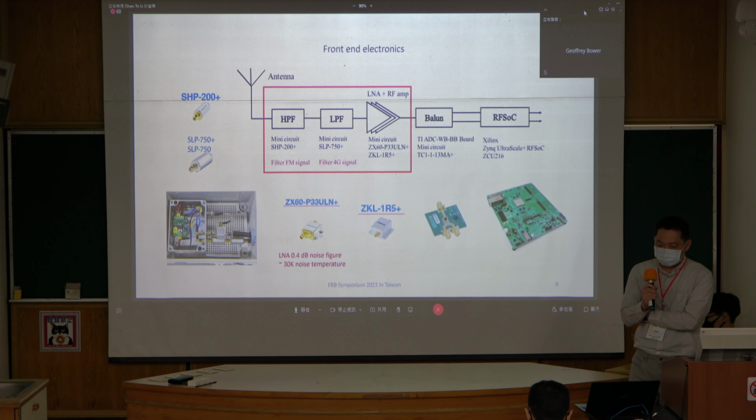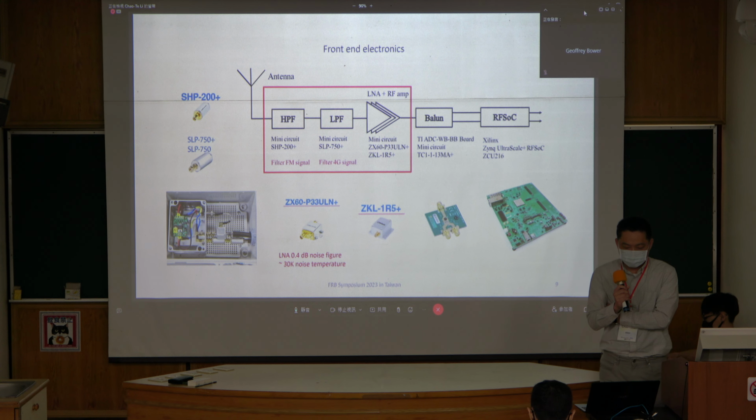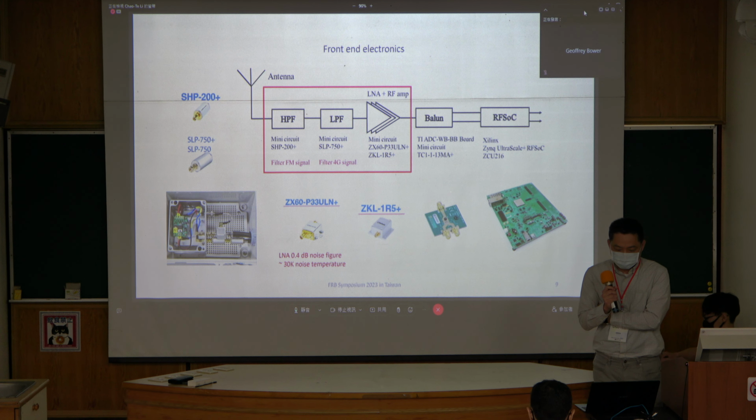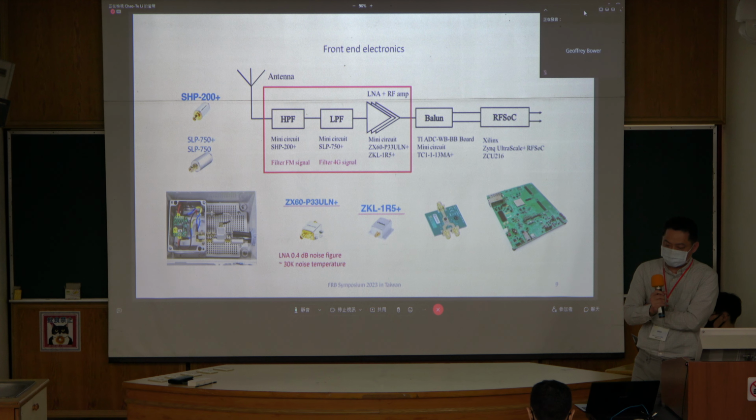In the front-end electronics, there are some filters to remove the FM and the 4G signal. Also the low noise and RF amplifiers. The key component of the front-end electronics is the low noise amplifier. We're using the one from Mini-Circuits with a noise figure of 0.4 dB.